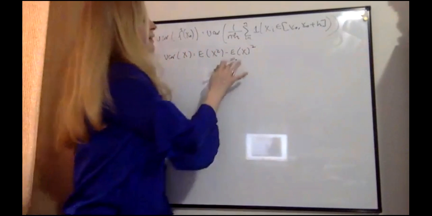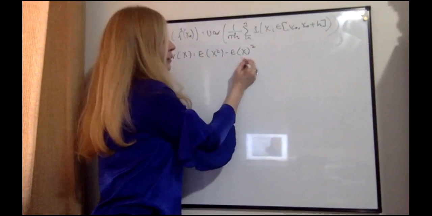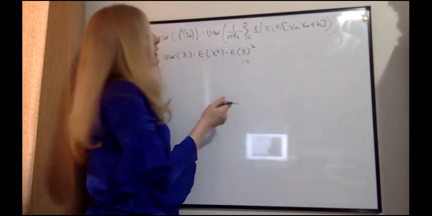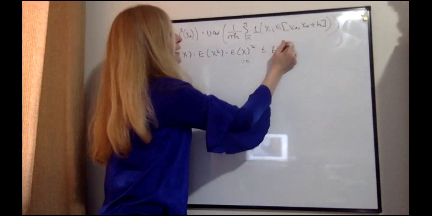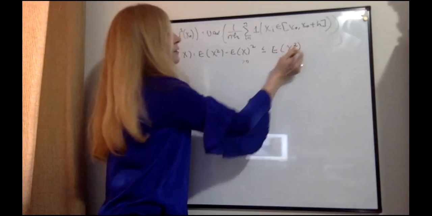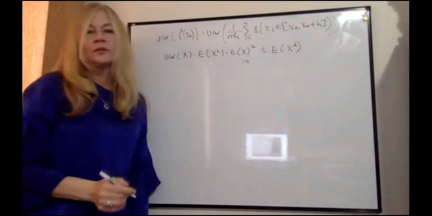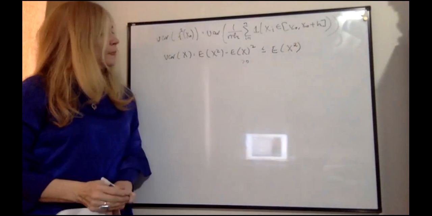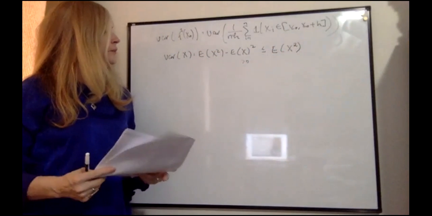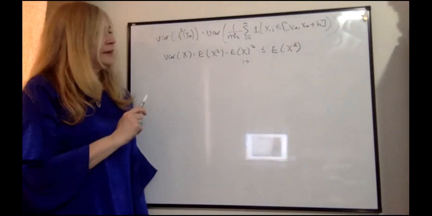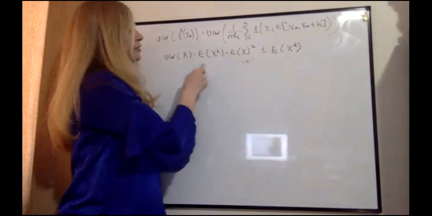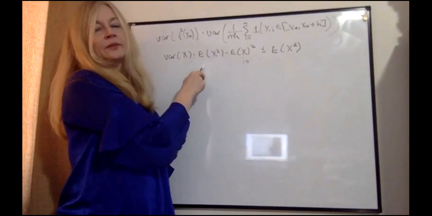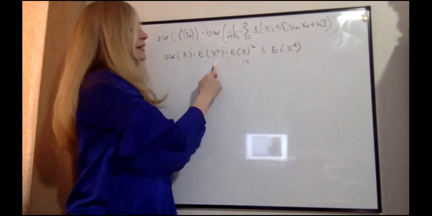This is always positive because we're taking something and squaring it. So this can be less than or equal to E of x squared, right? So we can show that the variance shrinks to 0 if we can show this first term shrinks to 0, because this is going to dominate the variance.